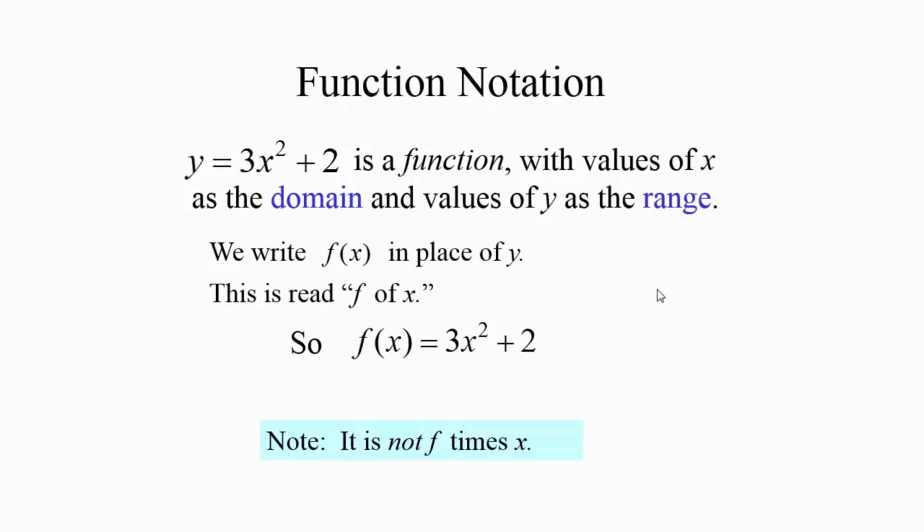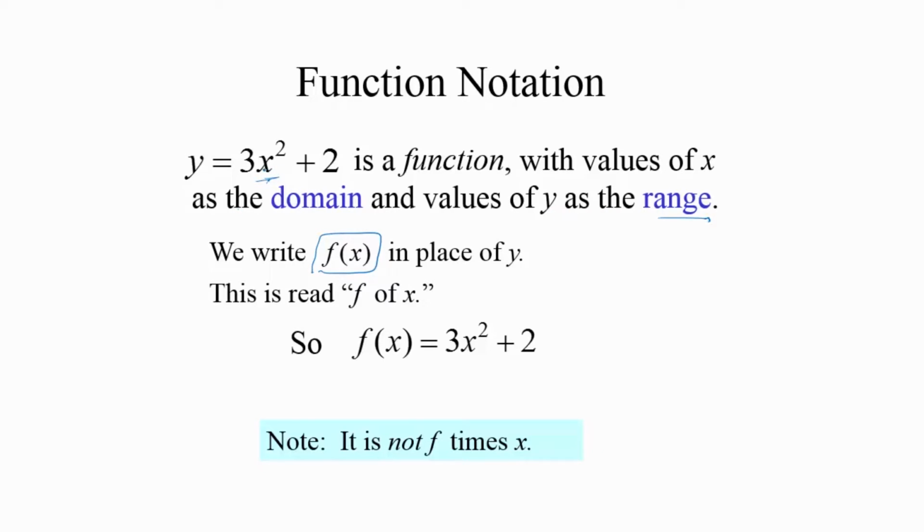By the way, when you write a function, you use f of x. That means a function of x, right? So y equals 3x squared plus 2 is a function with values of x as the domain and the value of y as the range of the function.